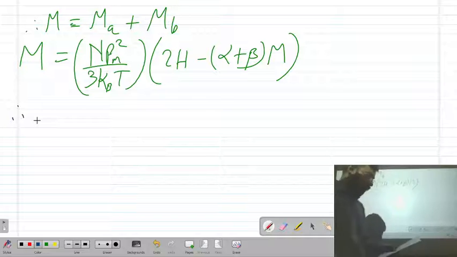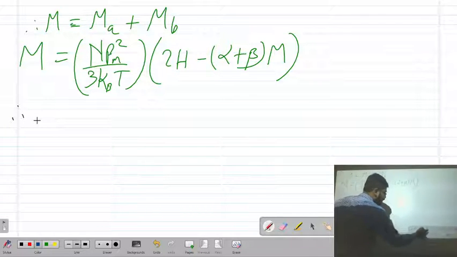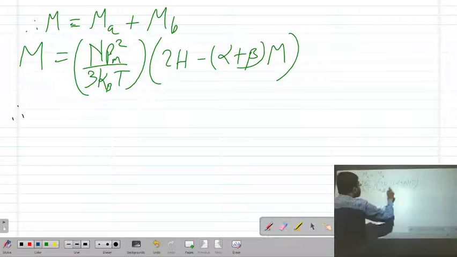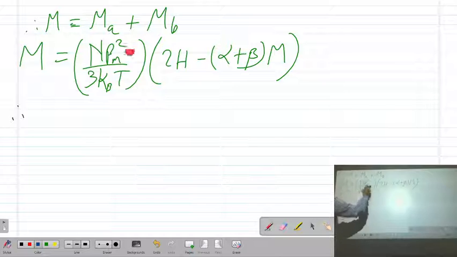Moving ahead, we will multiply this term with both of these, and take this part on the other side.